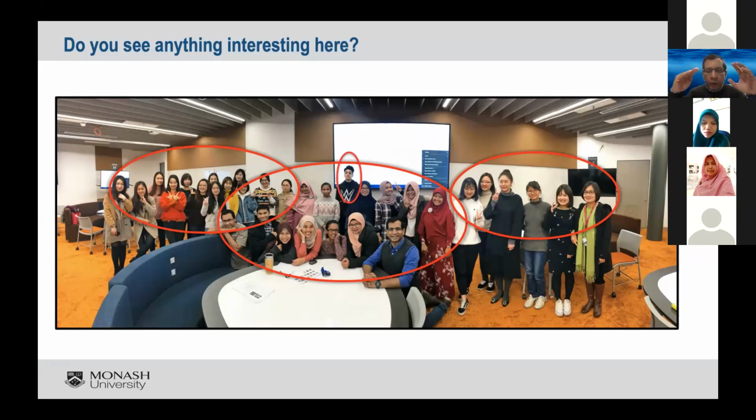Vygotsky talks about the zone of proximal development, which means that in order for learning to happen, what you're learning has to be a bit difficult. If it is too comfortable, then you don't learn. So by grouping together, they're making things easier, more comfortable. That's why they are not learning as much as they could if the challenge was enhanced by sitting with people from other languages and cultures.